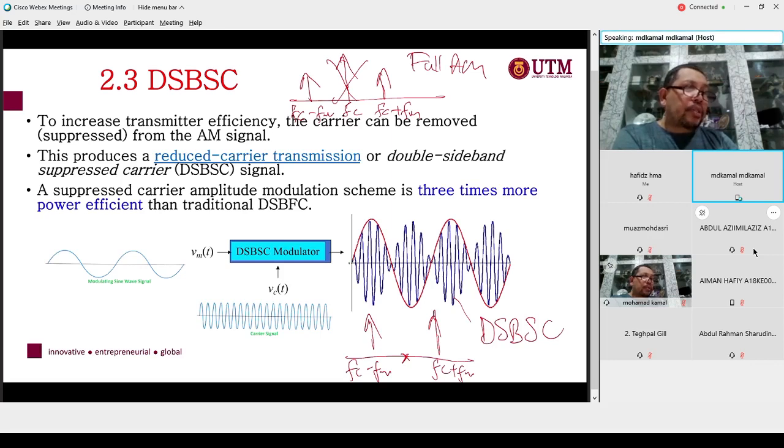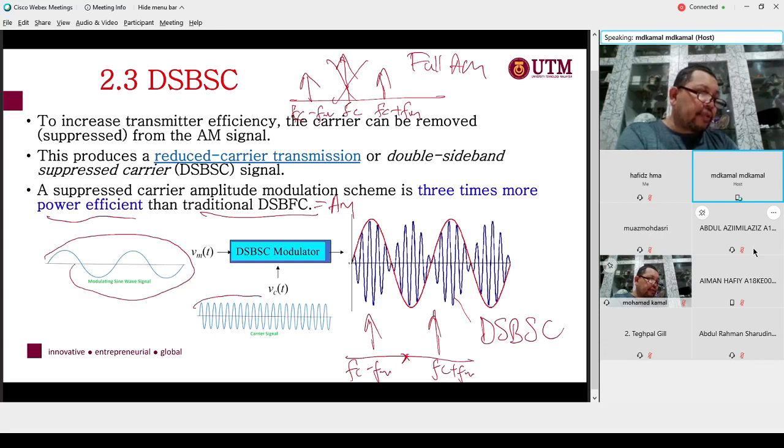A suppressed carrier amplitude modulation scheme is 3 times more power efficient than the traditional double sideband with full carrier. So this one is actually equal to AM, double sideband with full carrier. So what happened here? You have the information and you have a carrier frequency. You modulate it, so this is actually the signal that you will obtain from the output.